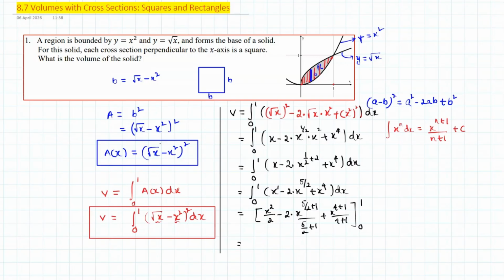Now we can simplify this: x squared over 2 minus 2 times x to the power 5/2 plus 1, that is 7/2, so x to the power 7/2 over 7/2, plus x to the power 5 over 5.